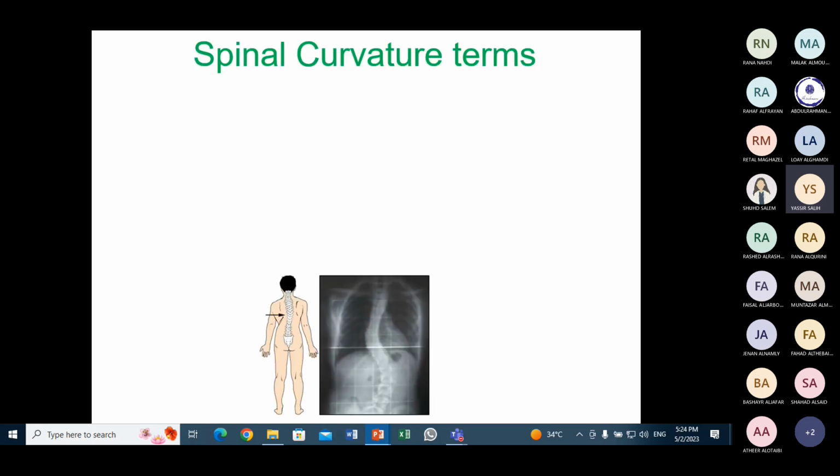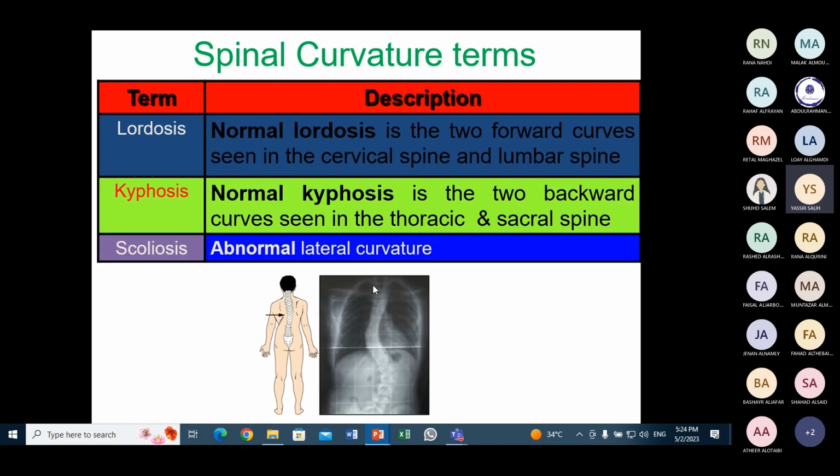Also, the spine should be straight in the midline. The vertebrae should be aligned and straight. If there is a curve laterally towards the right or left, it is called scoliosis.